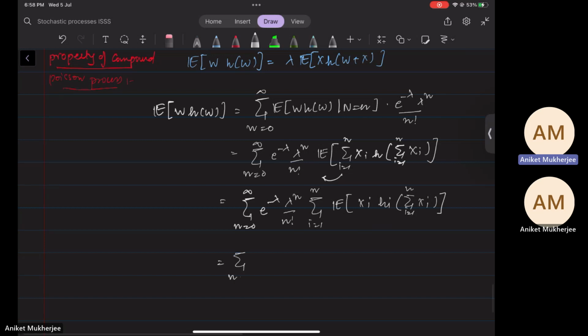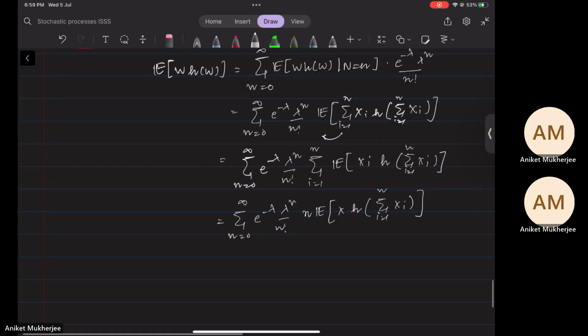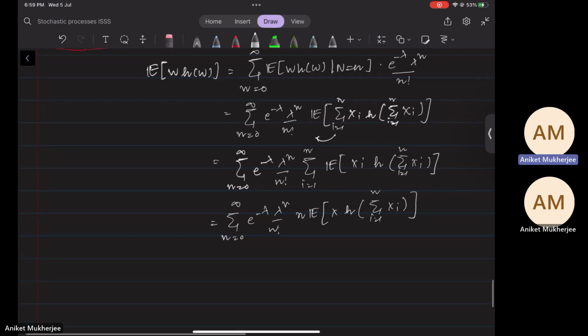So you can just write the summation n equal to 0 to infinity of e^(-λ) λ^n by n factorial times n times the expectation of X h.